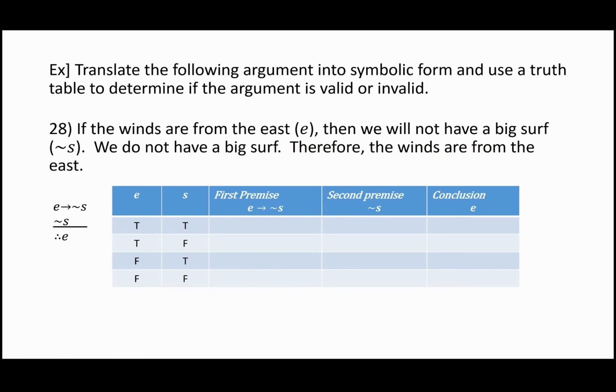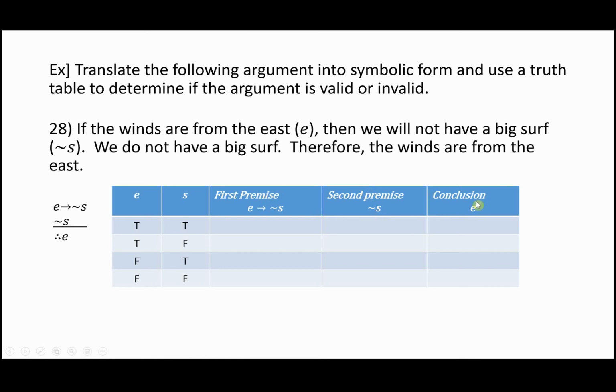Okay, now let's go ahead and bust this into the truth table that I've already established for you. Remember to establish E and S truth values in the standard way. And in the title cells, make sure you write the first premise, E implies tilde S, in the first premise area.